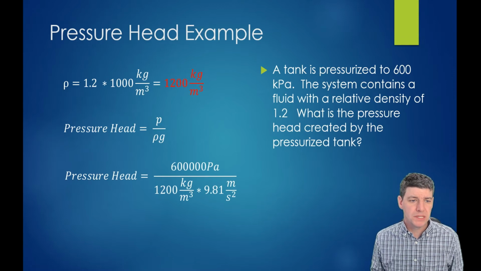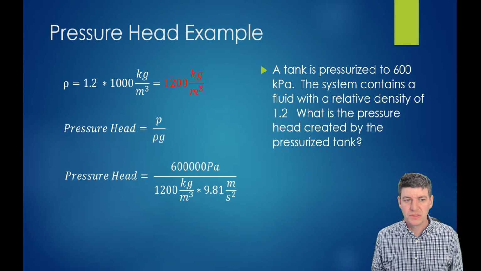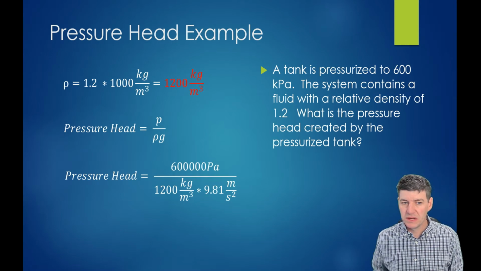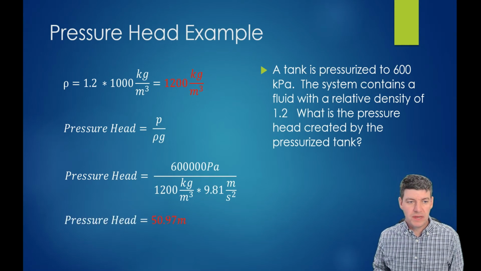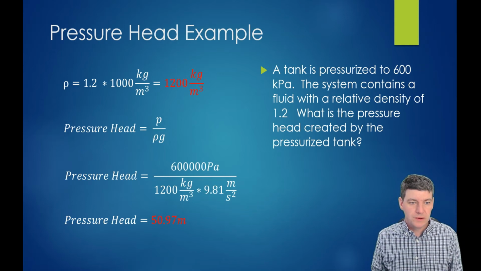So 600,000 pascals over 1,200 kilograms per cubic meter times gravity, and we end up with a pressure head in this case of about 51 meters. So the pressure inside the tank could produce a column of water that was about 51 meters high.